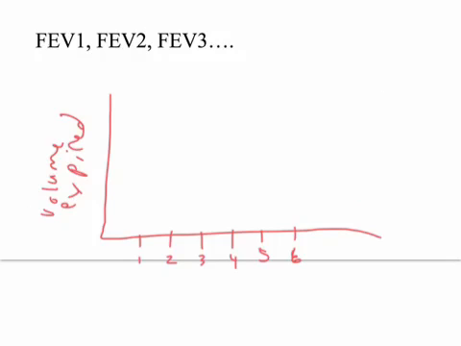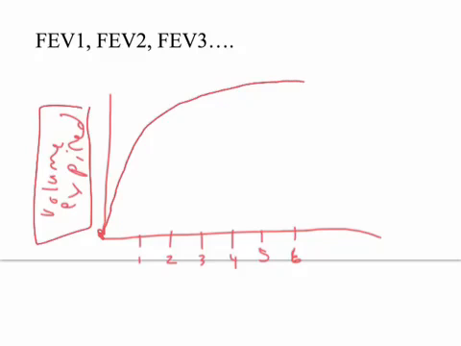Another way to think about this is if we just map it out as the amount of volume that you've breathed out, the amount expired. So we have our maximum breath in, and we start breathing out fast, and we keep pushing out as hard as we can, and then eventually it plateaus. So the volume that we get at 1 second, this is FEV1, that volume right there.